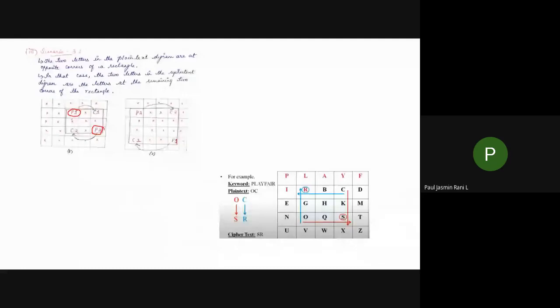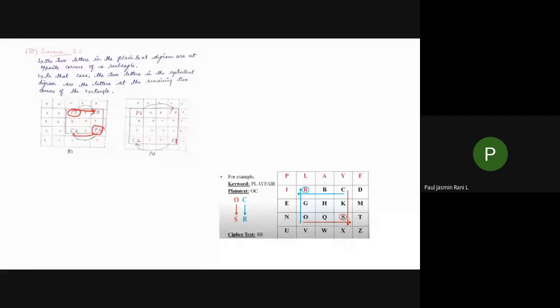In that case, you have to form a rectangle. Consider P1 and P2, see this end and that end, and form a rectangle like this. Then for P1, the corner at this end should be considered as your ciphertext, that is from left to right or from right to left. Remember, you should not take it from top to bottom or bottom to top.